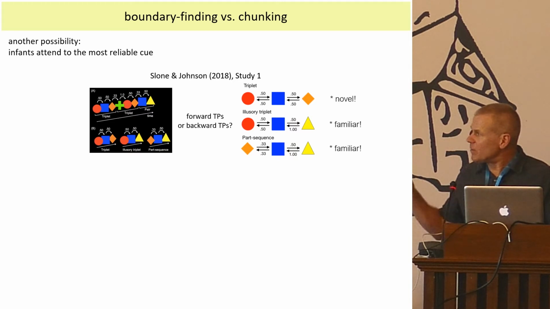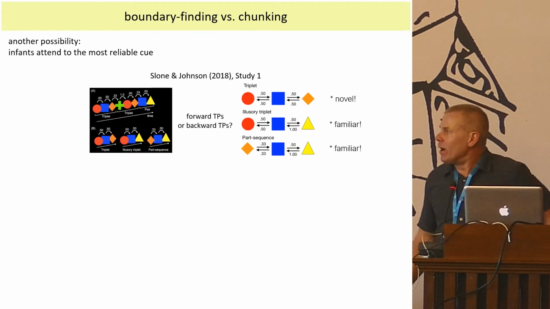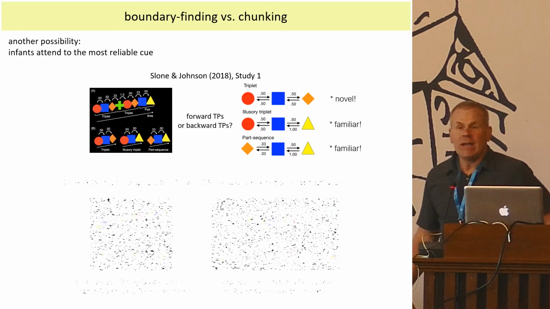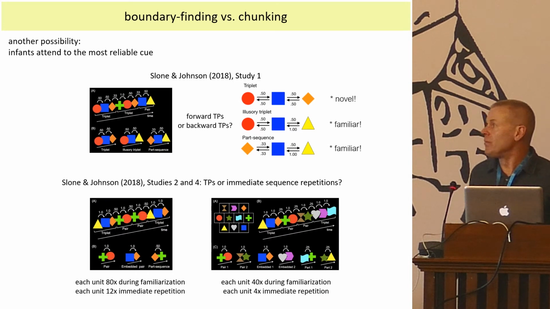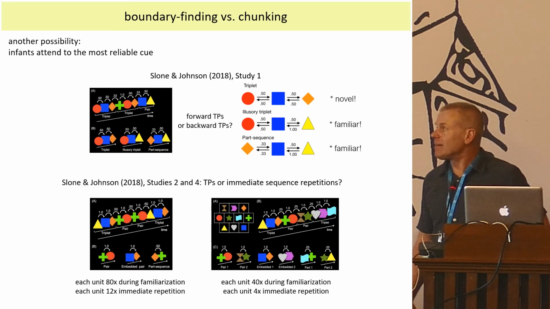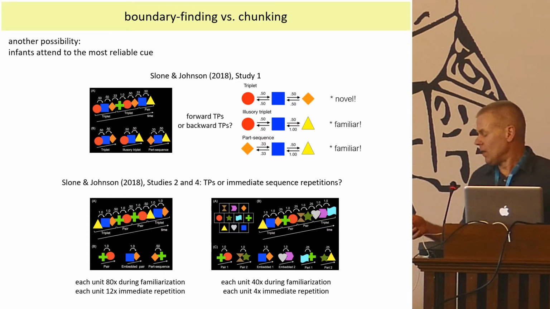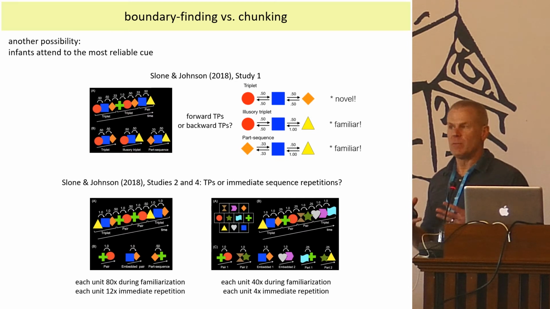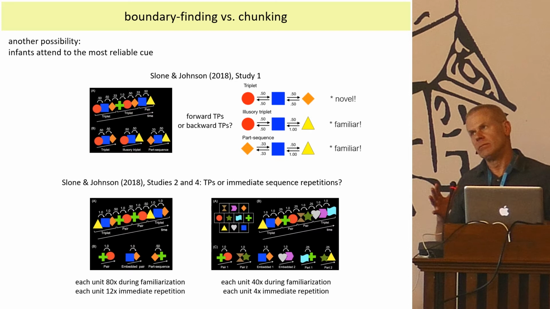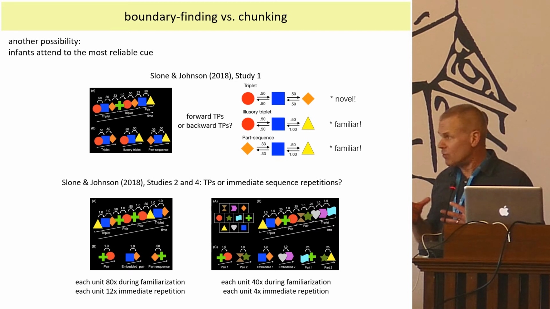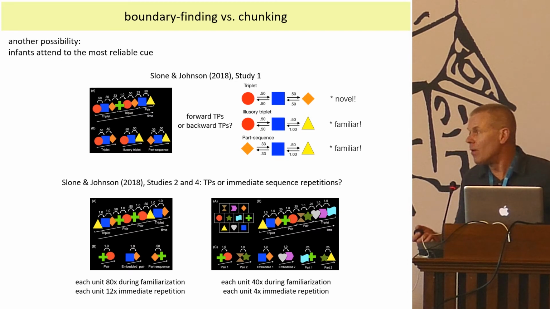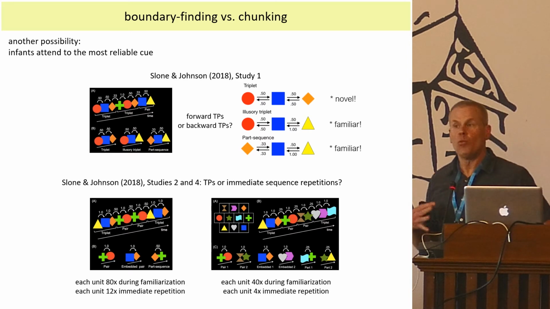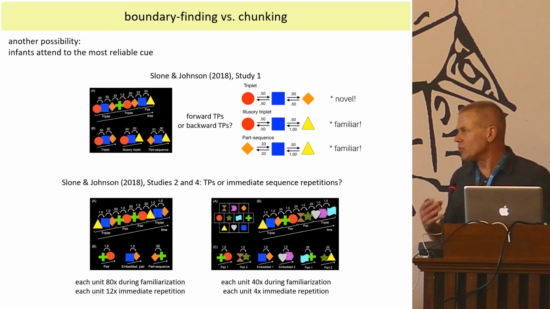Another alternative possibility we didn't really consider was the fact that in experiments 2 and 4, there were a lot of immediate sequence repetitions. What I mean by that is simply that during familiarization, the sequences were pseudo-randomized so that you can have no more than 3 units in a row, but even so, there were a lot of units that were presented one after another, immediate repetitions.